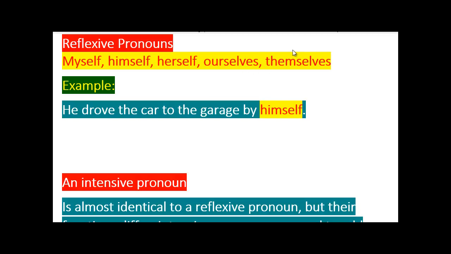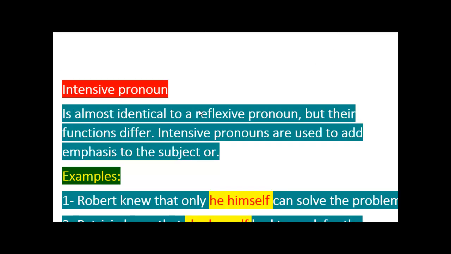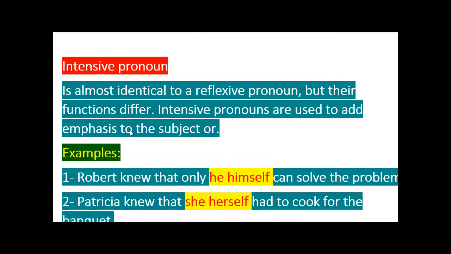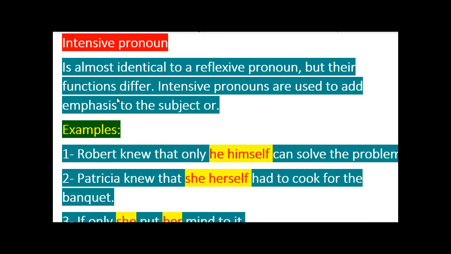intensive pronoun. Intensive pronoun is identical to reflexive pronoun. It's just that you assert the sentence a little bit. The example will make it much clearer, rather than just trying to explain. Robert knew that only he himself can solve the problem. He himself. Two pronouns.